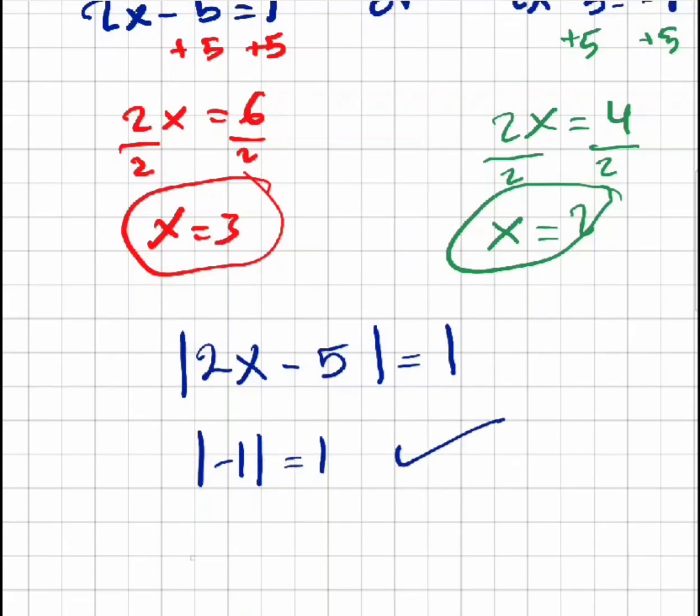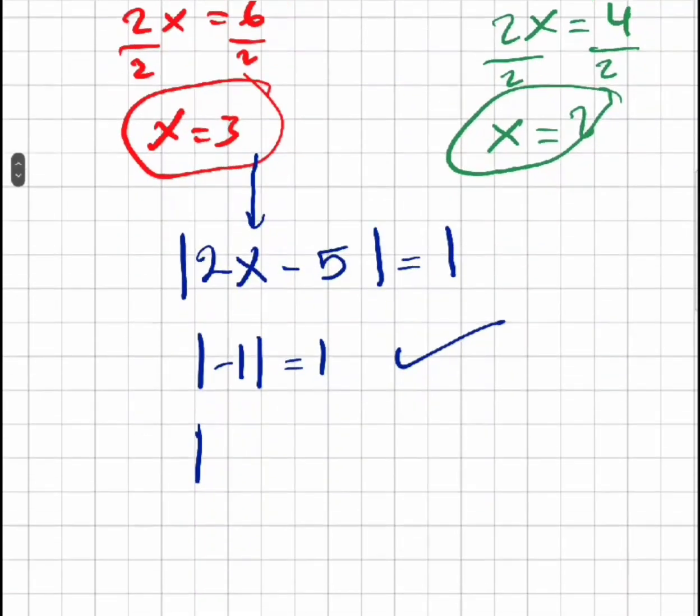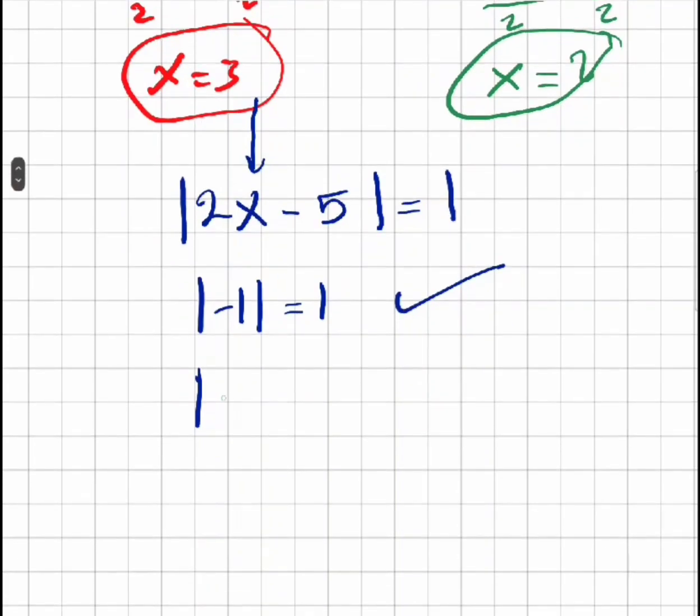Now, if we plug in 3, it should also work. 2 times 3 is equal to 6. 6 minus 5 is 1. The absolute value of 1 is 1. So that works.